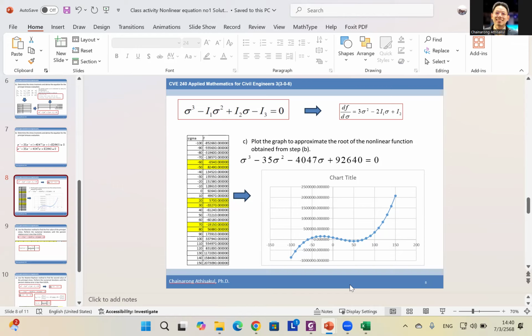What values will you select to be the initial guess? We require 2 values. It's up to you. I will not guide you. Which one? Which value?